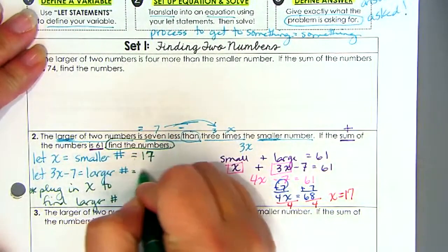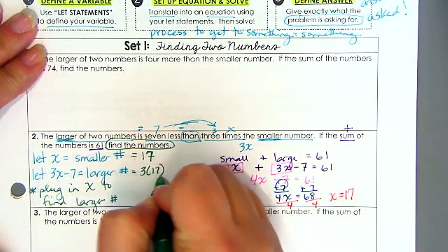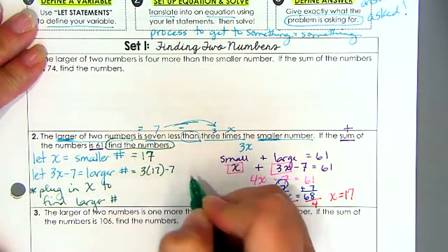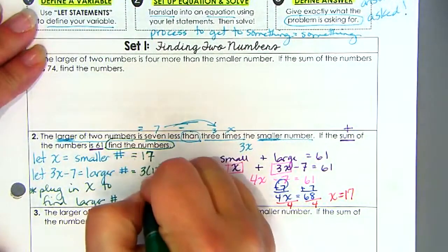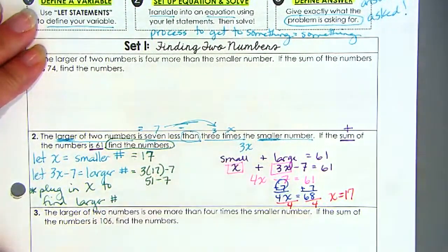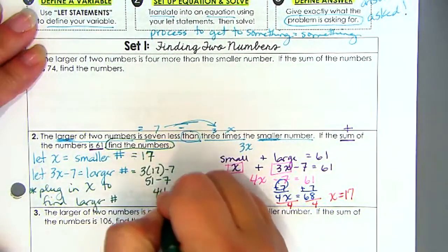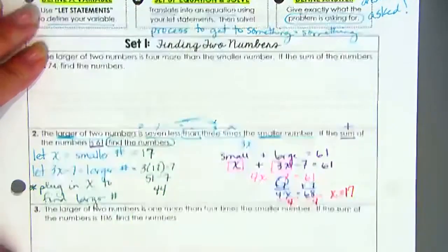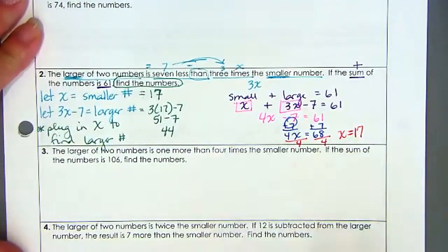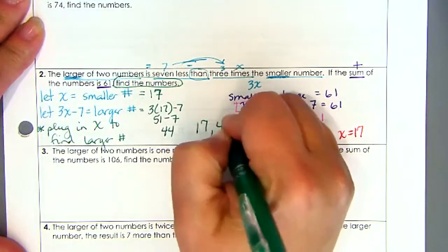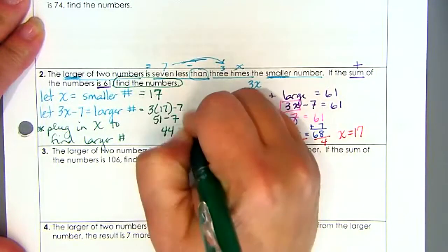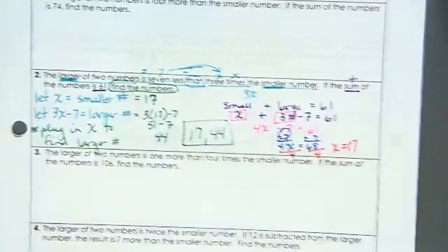So I'm going to be doing 3 times 17 minus 7. 3 times 17 equals 51 minus 7, which gives me 44. So therefore, the two numbers for this problem are 17 and 44. This is your answer for this problem.